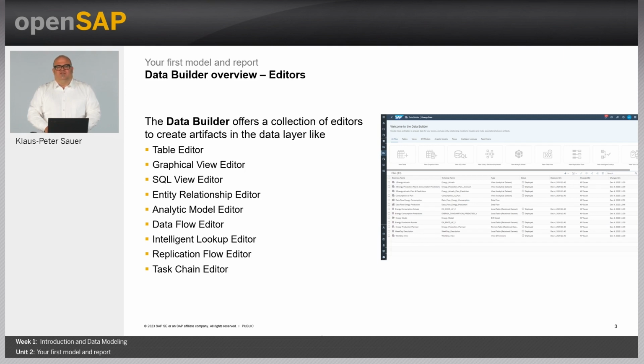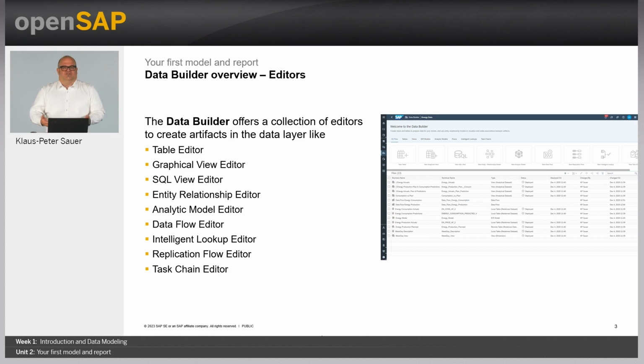The graphical view editor allows you to combine local and remote data sets into one data model, including filters, associations, joins, unions and other operators you might want to use. In the SQL view editor, you can pretty much do the same using SQL language.